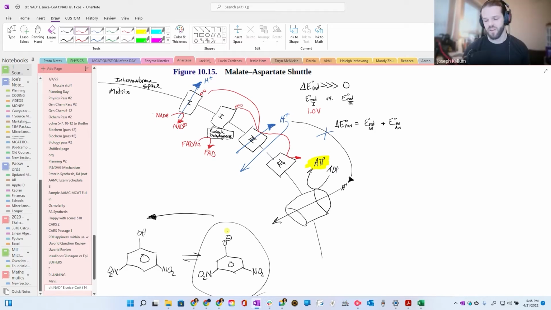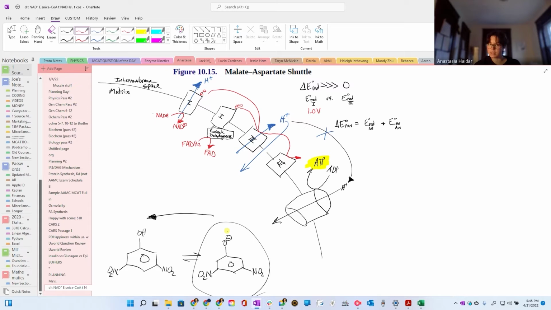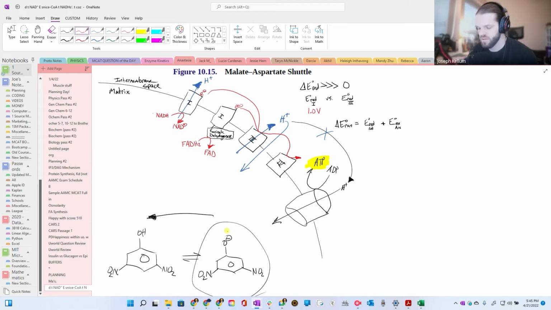Yeah, why does it have to be greater? Because it has gone through like 2 reductions now. Okay, essentially.